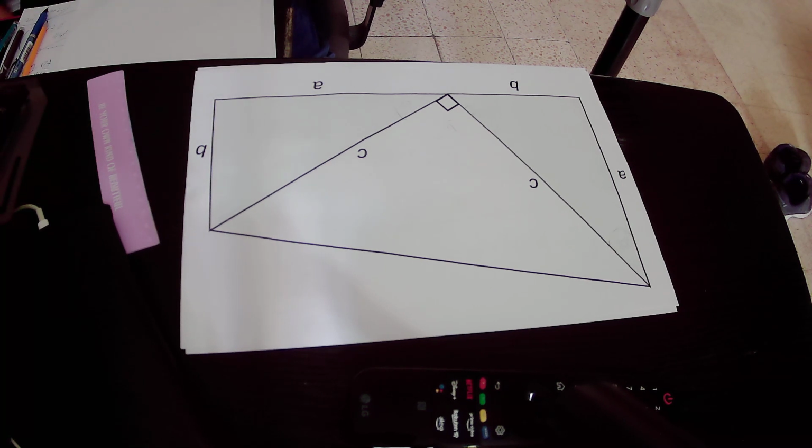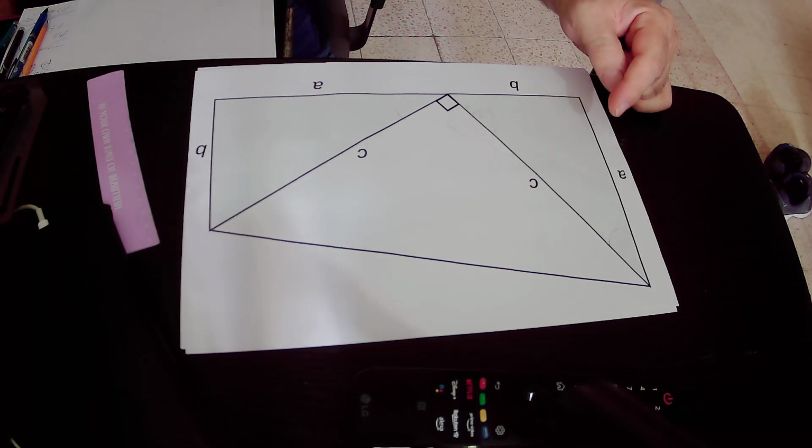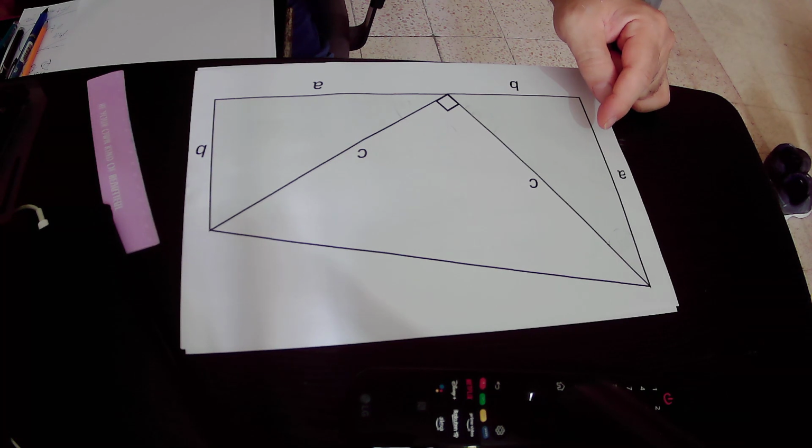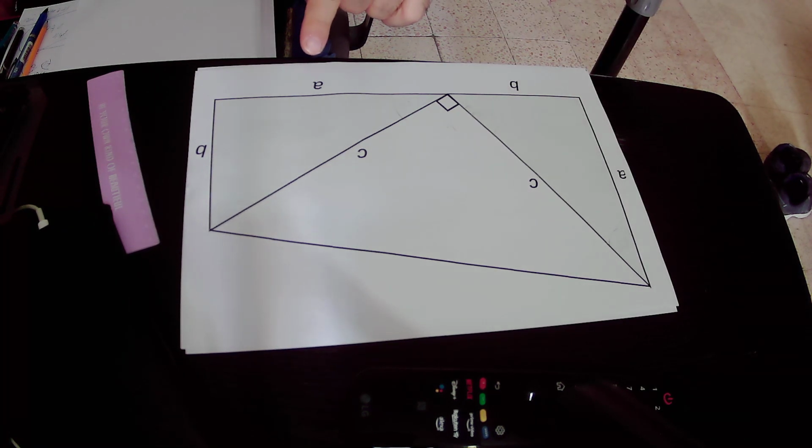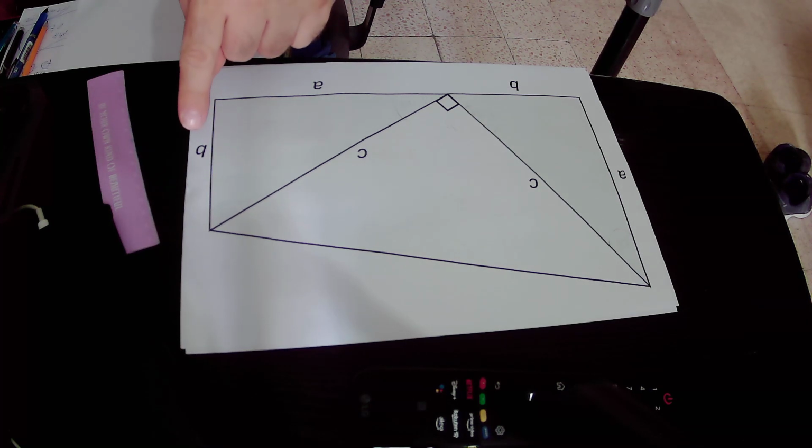So here, as you can see, side A in the right triangle equals side A in the left triangle, and side B in the right triangle equals side B in the left triangle.